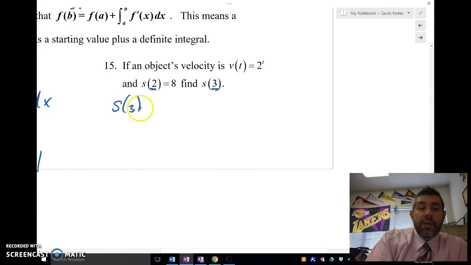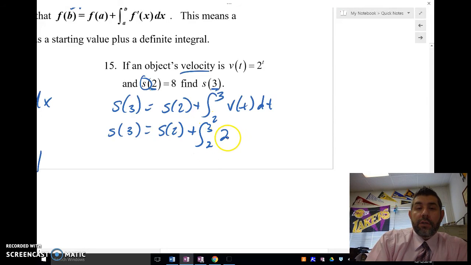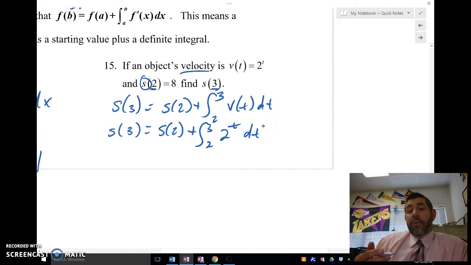So s of 3 is equal to s of 2 plus the integral from 2 to 3 of v of t dt, because we're talking about position and we know velocity. So s of 3 is equal to s of 2 plus the integral from 2 to 3 of 2 to the t dt.